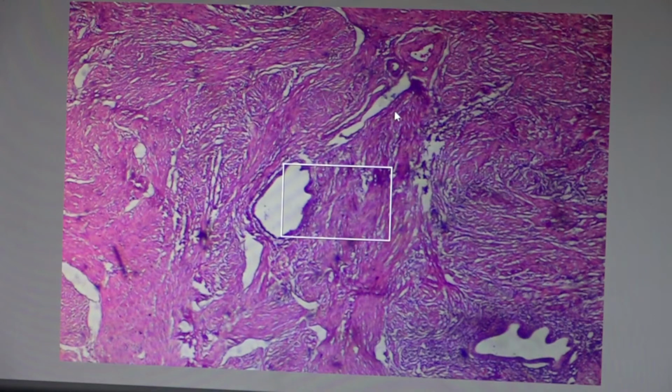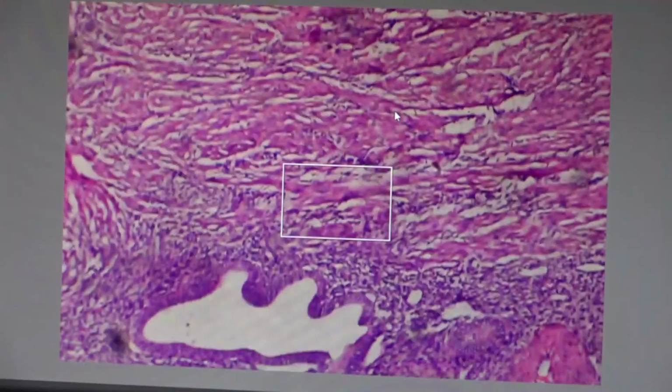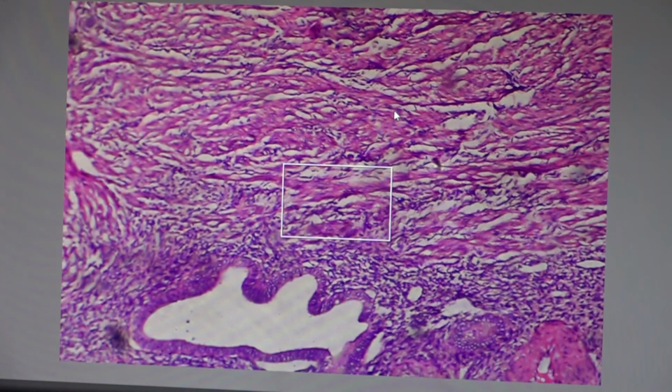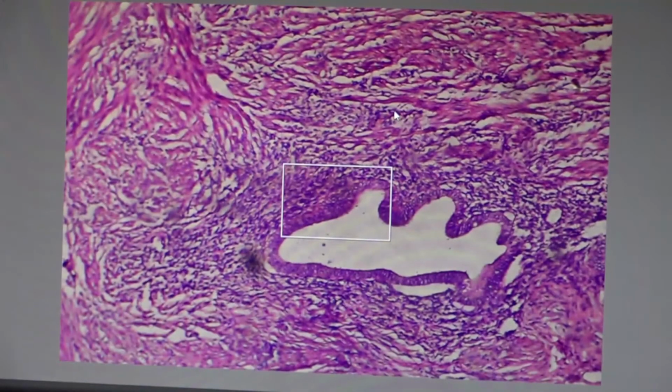This is the adenomyosis. Higher power of the glands represent benign looking cells without any malignant change.